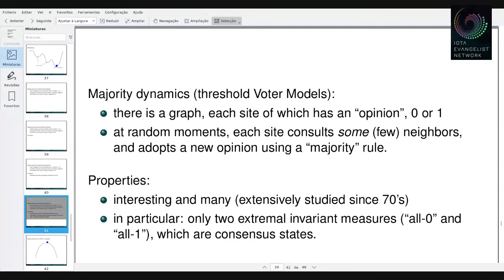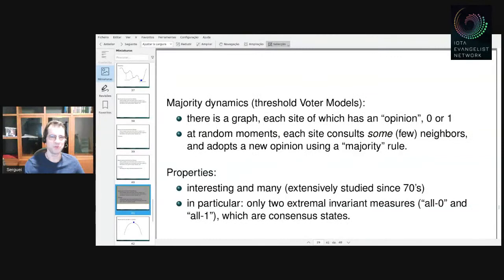Basically, if everybody has opinion 0, this situation will remain so, and if everybody has opinion 1, this situation also will remain forever, and they are invariant in this sense.